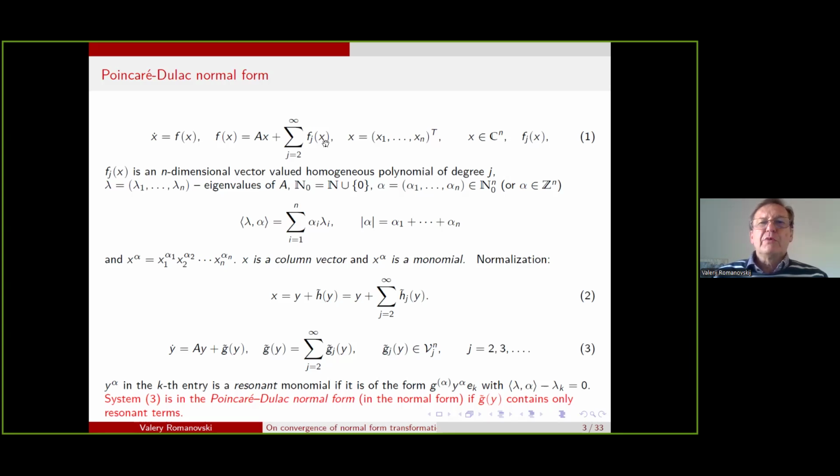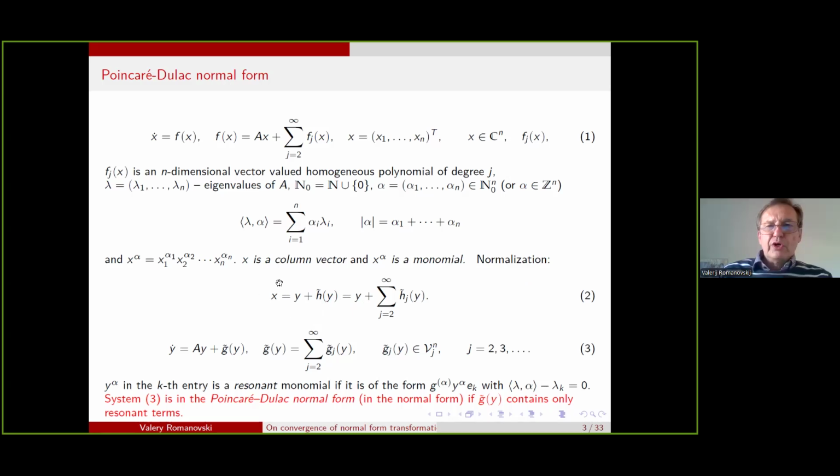F of x is a polynomial, so its terms are some coefficient times x to the alpha. So f_j(x) is a sum of monomials such that the absolute value of alpha is j. The absolute value is defined this way, just the sum of coordinates.